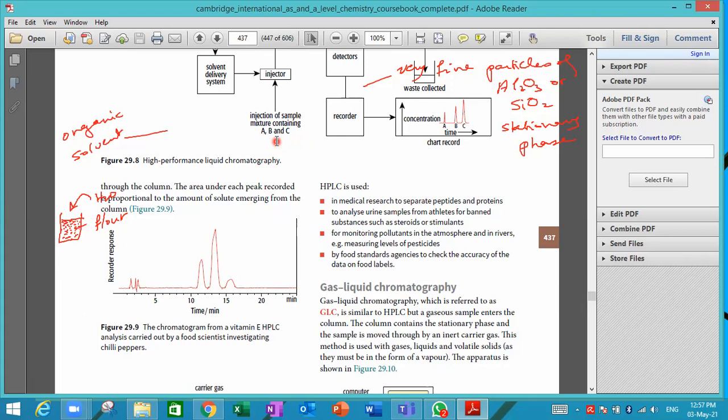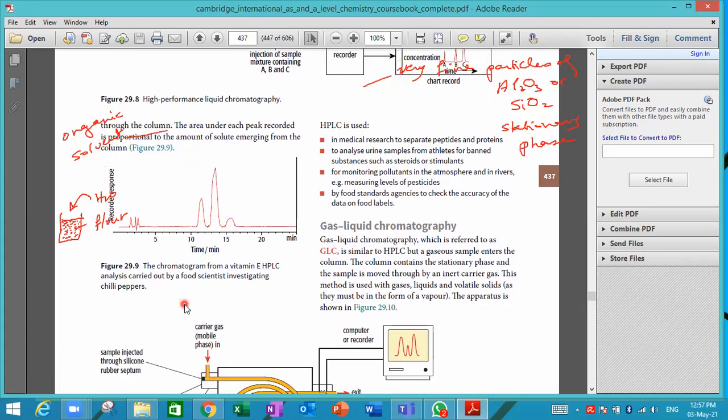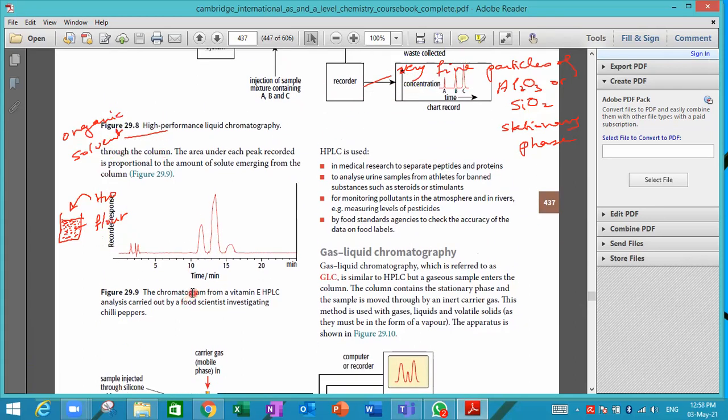Okay. And it is also used for monitoring pollutants in the atmosphere and rivers. We also take samples from rivers and samples from the air, and using HPLC, we can determine whether it contains something, because from the retention times, we can determine what solutes are present in our sample. Every sample will be separated by its retention time.